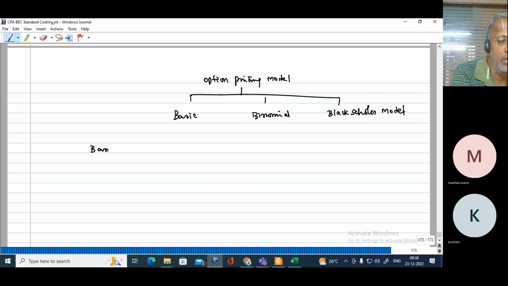In the basic model, we will develop the formula. We will learn the binomial model, and in another 1 hour, we will finish off the Black-Scholes model, so that you should not feel like this is a tough topic.